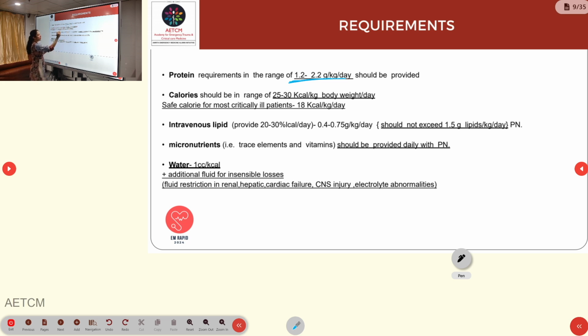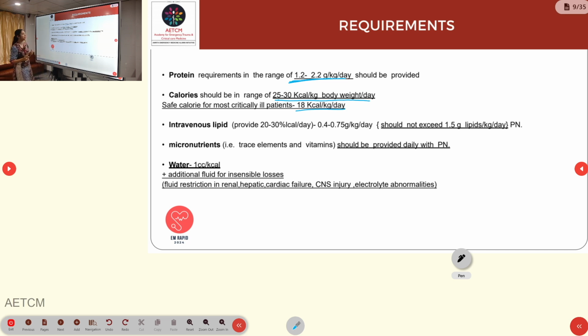And calories we will be giving 25 to 30 kilocalories per kg body weight per day. And in most critically ill patients, as we said, we will usually be giving a low calorie diet initially, that is 18 kilocalories per kg per day.